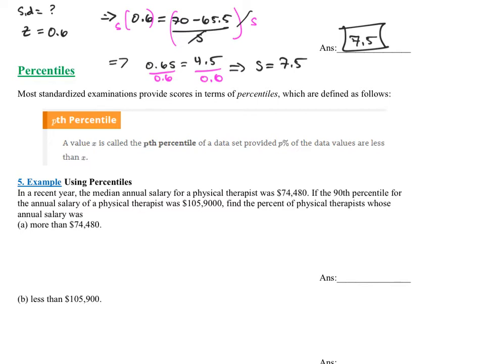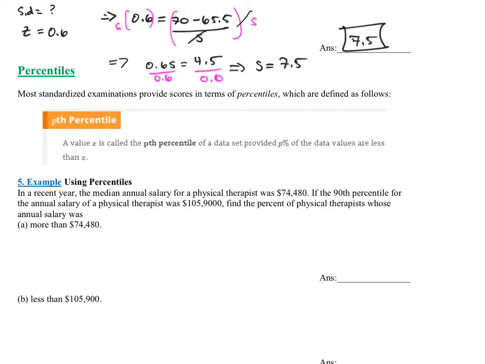Most people would say, well, if it's a test score and I'm trying to get into the university or something like that, I want to be in that 10th percentile, thinking that that means I'm in the top 10%. Well, it's the exact opposite. If you're in the 10th percentile, that means you have scored in the bottom 10%, meaning you have scored better than 10% of the people, not 90% of the people, which you originally thought.